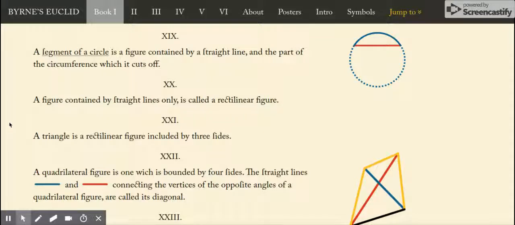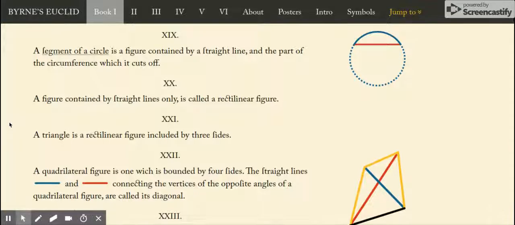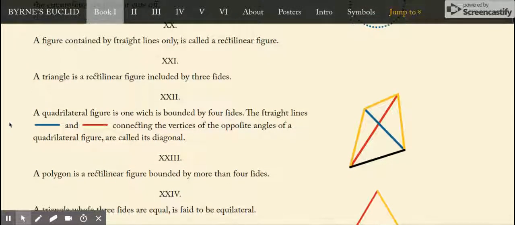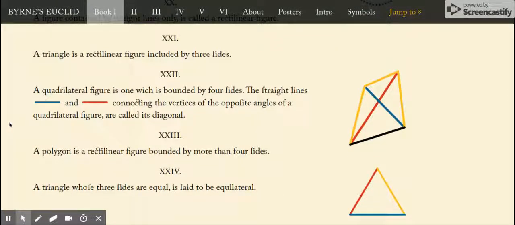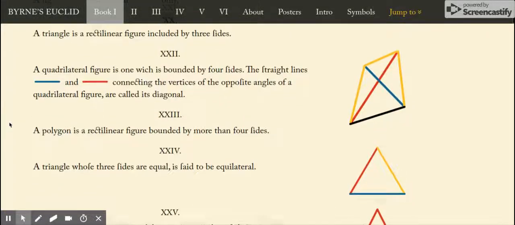A figure contained by straight lines only is called a rectilinear figure. A triangle is a rectilinear figure included by 3 sides. A quadrilateral figure is one which is bounded by 4 sides, the straight lines, blue and red, connecting the vertices of the opposite angles of a quadrilateral figure are called its diagonals.